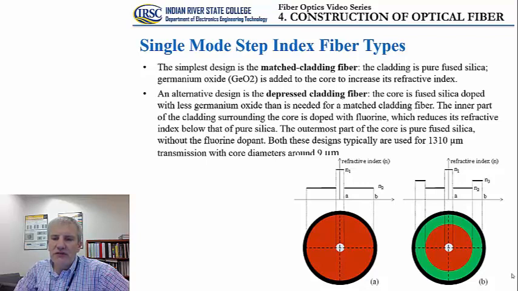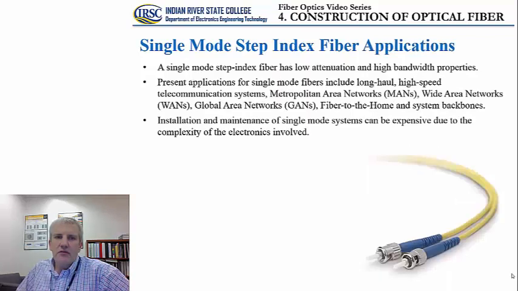Also on the picture here we see the distribution of the index of refraction as we are moving from the center radially towards the edge of each of these different layers.